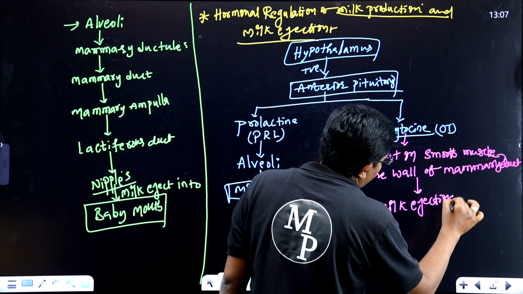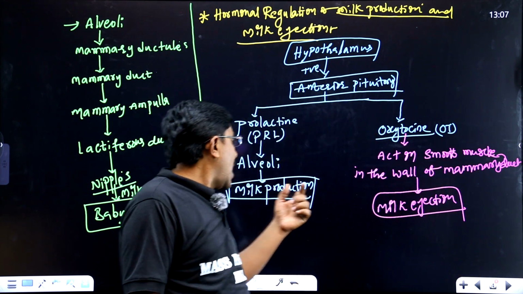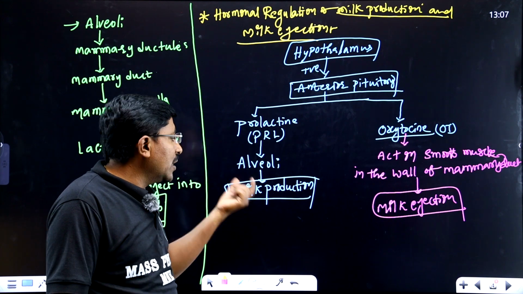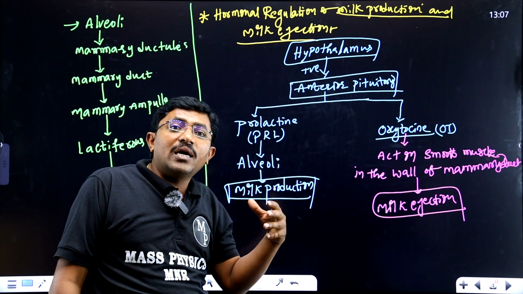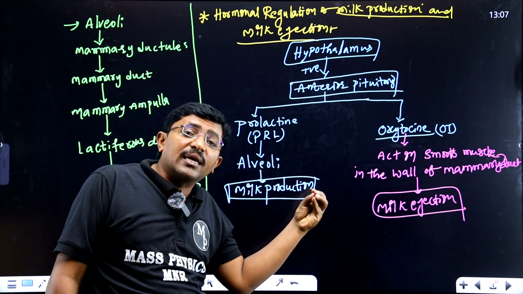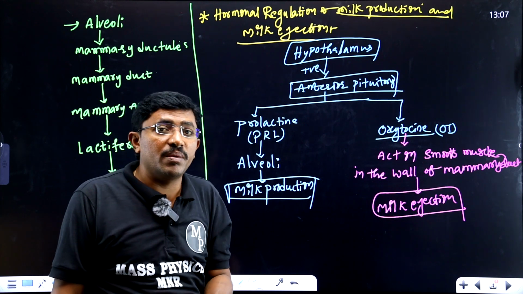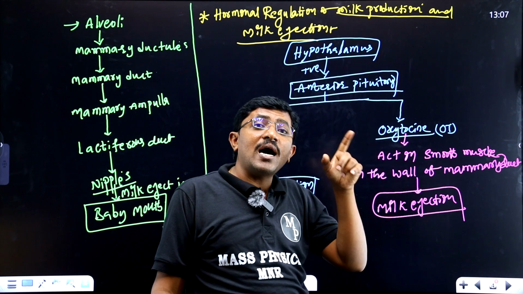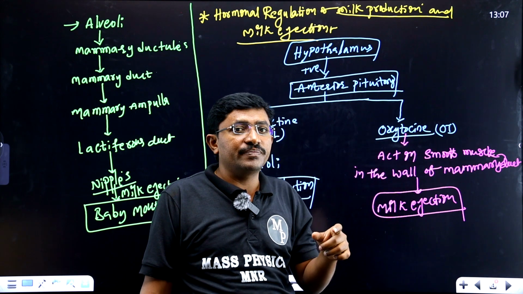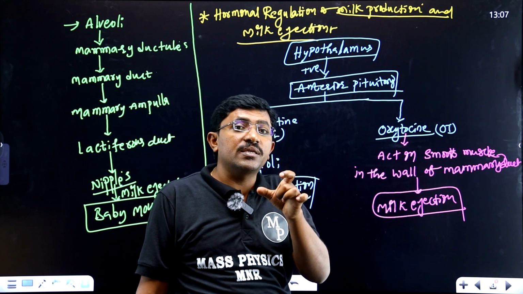So in the milk ejection process, what happens? After the milk is produced, it is stored within the mammary ducts. How does the milk get released from inside the mammary gland to outside, into the baby's mouth? Through the action of oxytocin on the wall of the mammary duct. The mammary ducts are internally lined by smooth muscles.